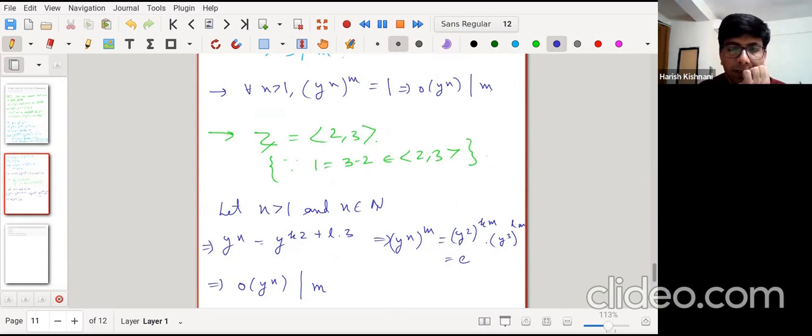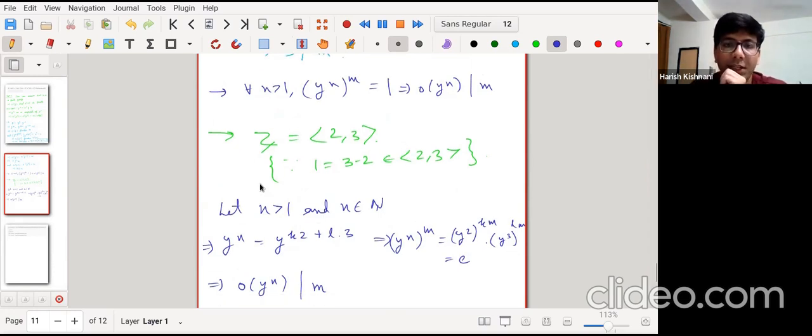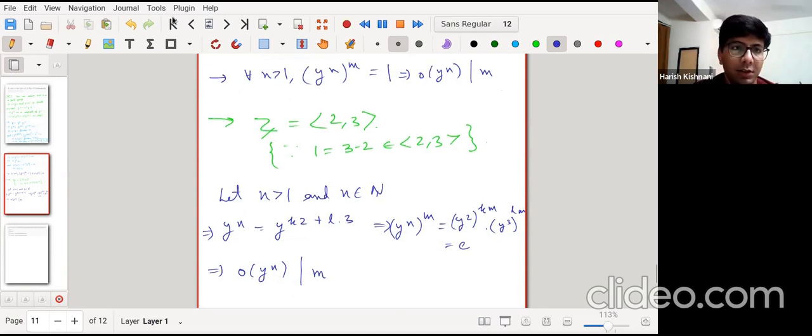Now we probably need to prove the converse part; for that you probably need this. I did it in rough, but I'm not remembering how I finished it, so maybe you can try.